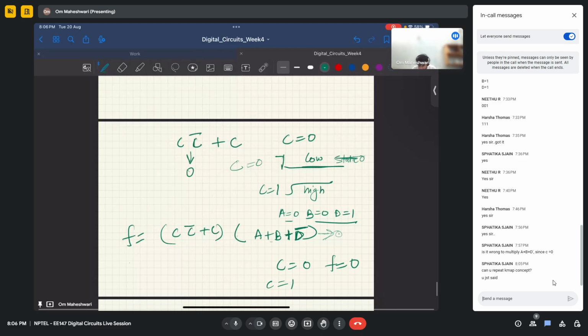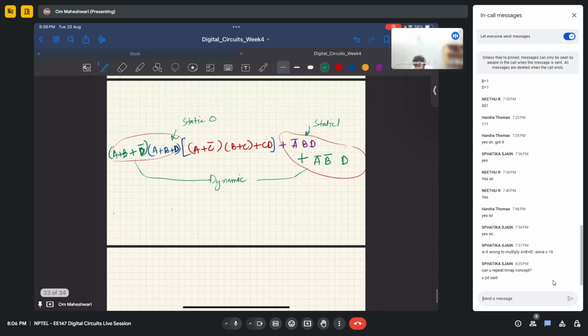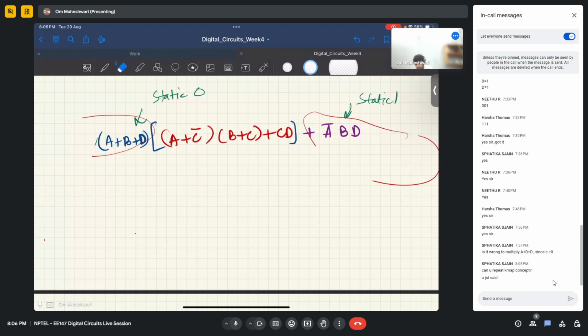Okay, I think I'm doing something incorrect here. So for dynamic, I need to see, this is not correct. So maybe I'll revisit this and come back to you.